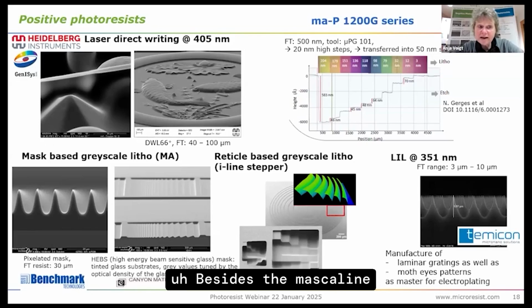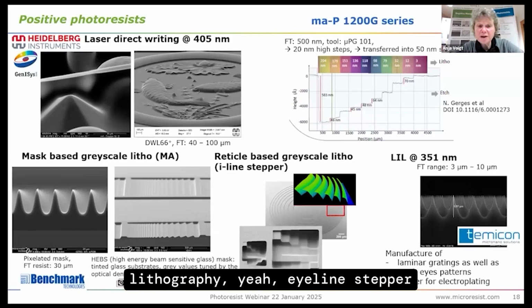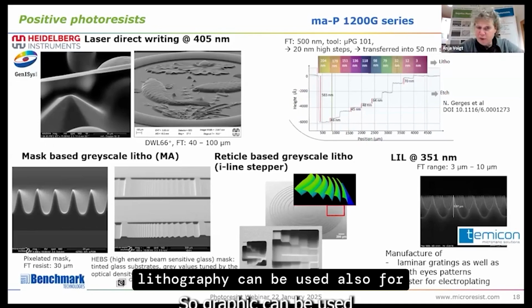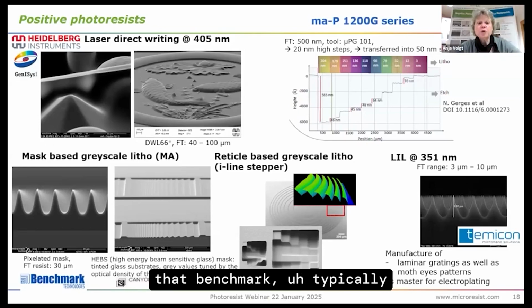Besides the mask aligner lithography, also i-line stepper lithography can be used. Also for that, Benchmark typically provides the reticle, let's say, mask for the i-line stepper exposure in grayscale level, where an example is shown here.